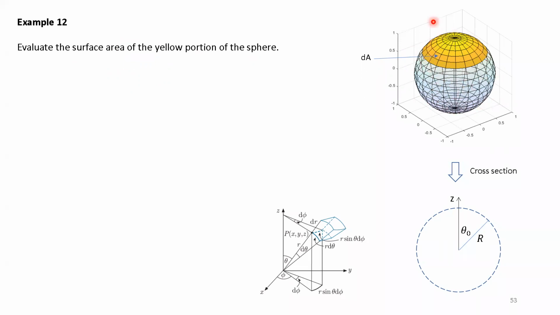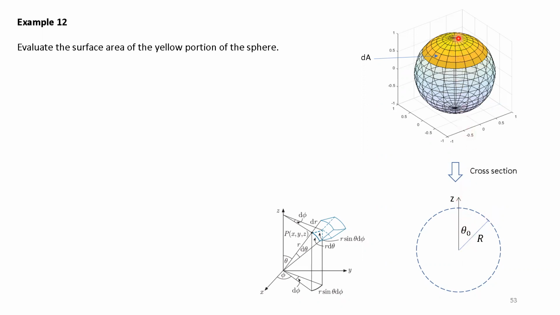If I take the cross section of this sphere, this is what I have. The edge of this yellow region is here, making an angle theta naught.